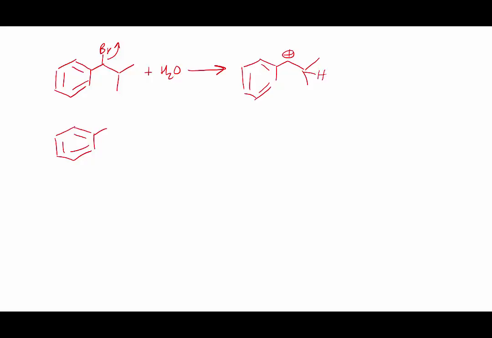So, will that rearrange? If I have that benzylic carbocation, will it undergo a hydride shift to form the tertiary carbocation? I hear 2 yeses. It can, but maybe not 100%. I'll buy that.